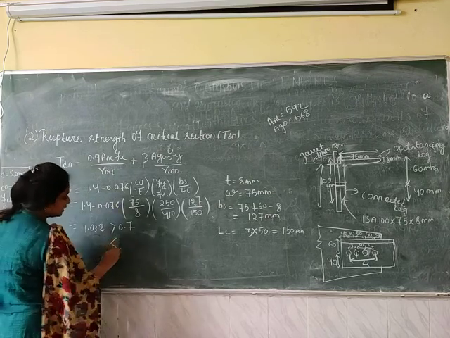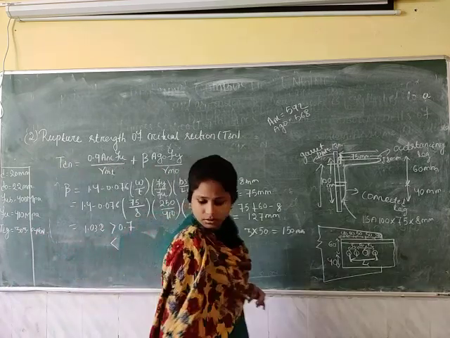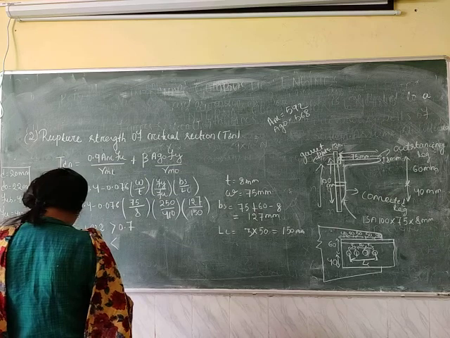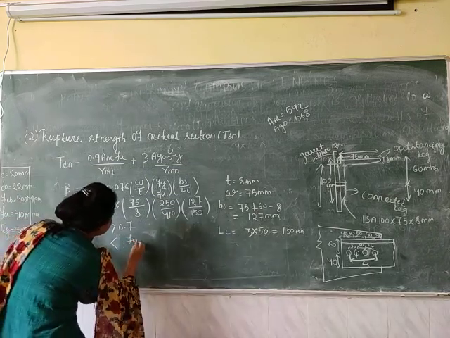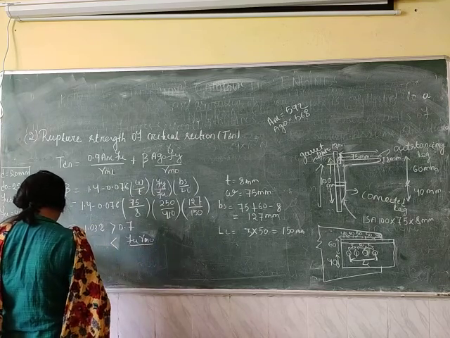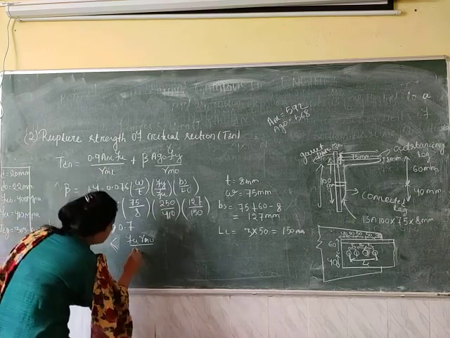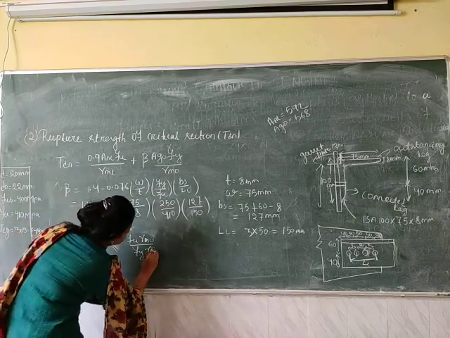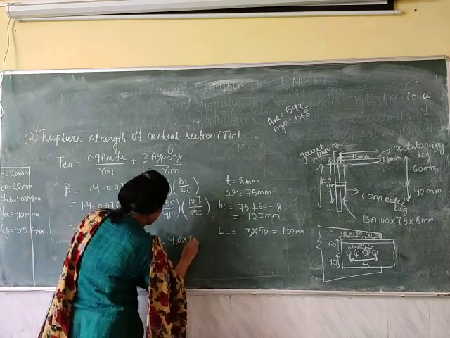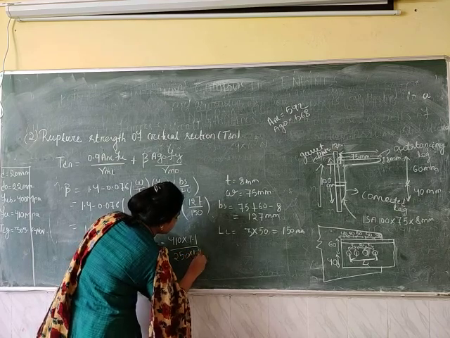Then it should be less than Fu gamma m naught divided by Fy gamma ml. Okay, Fu is 410, gamma m naught is 1.1, Fy is 250 and gamma ml is 1.25.